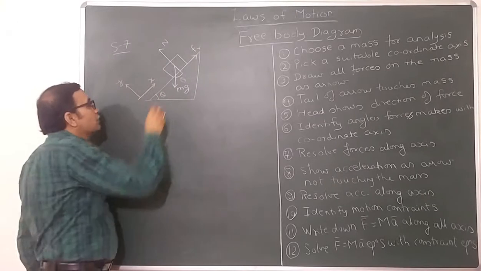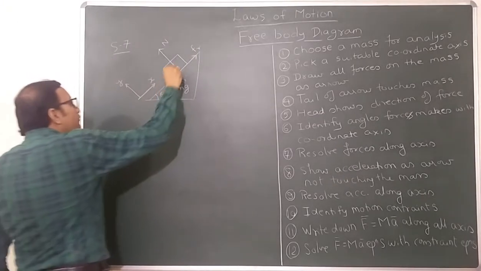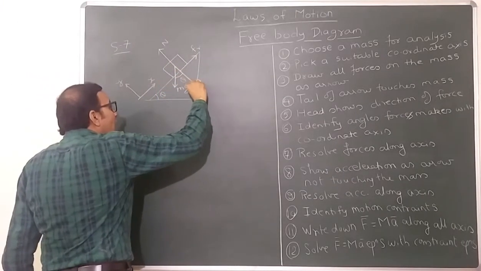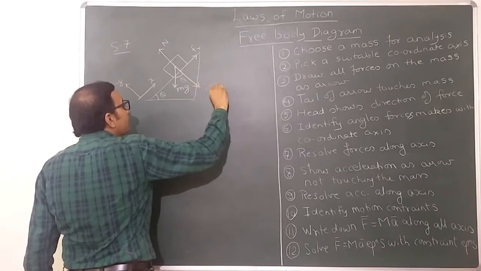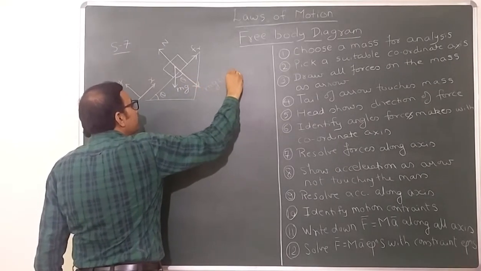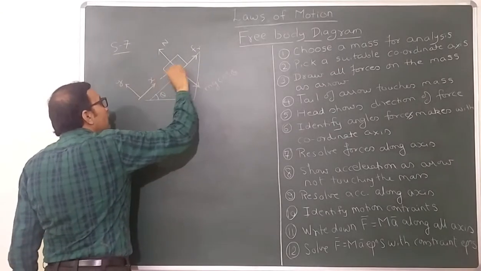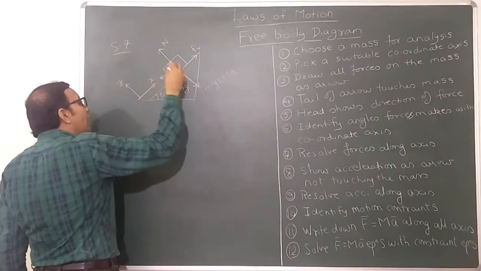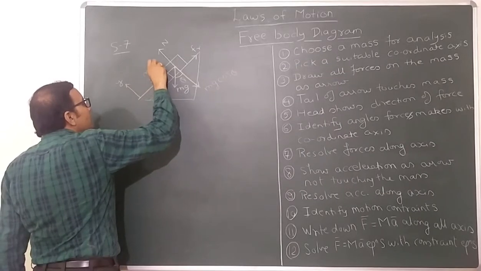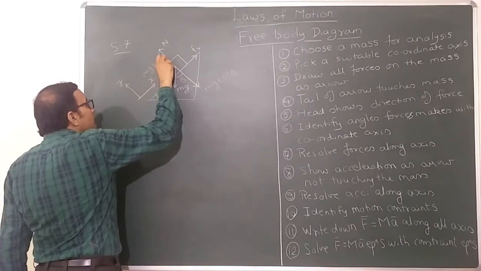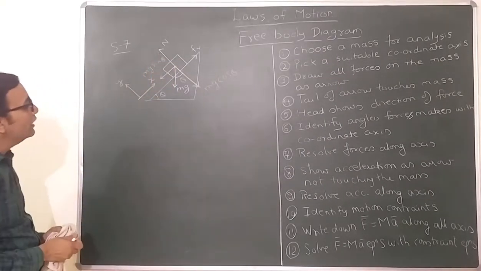So the component of mg along y-axis in downward direction is mg cos theta, and along x-axis is mg sin theta.